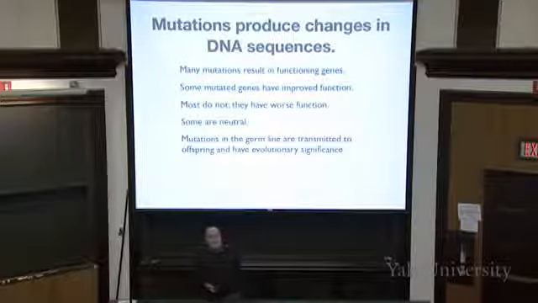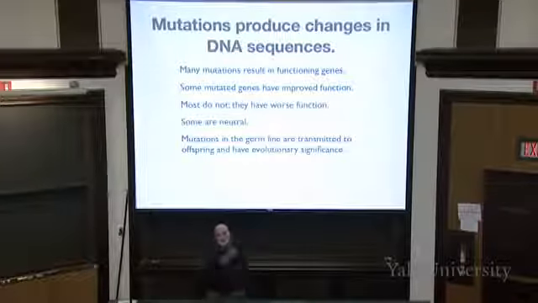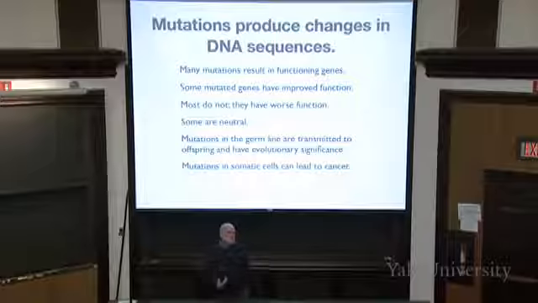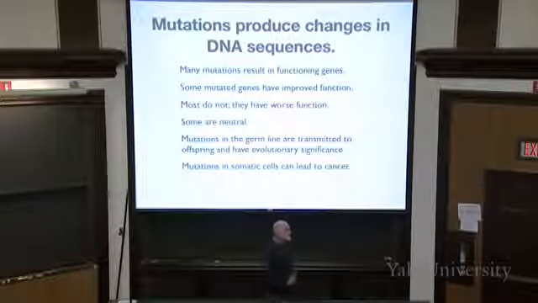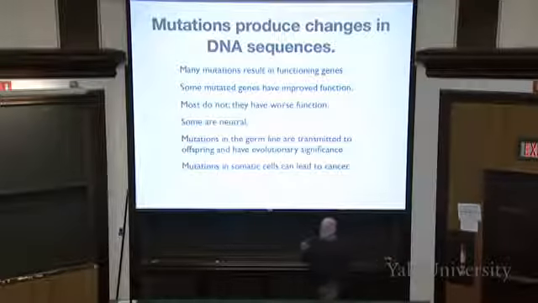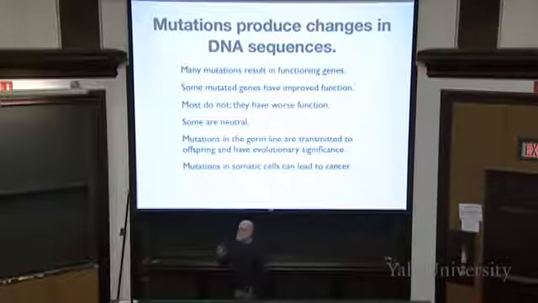They have evolutionary significance, so they change the information that's transmitted over evolutionary time. And mutations that occur in somatic cells are the things that lead to cancer. Cancer is a mutational process, and every cancer is a little evolutionary process that occurs just within the lifetime of the person who has it.